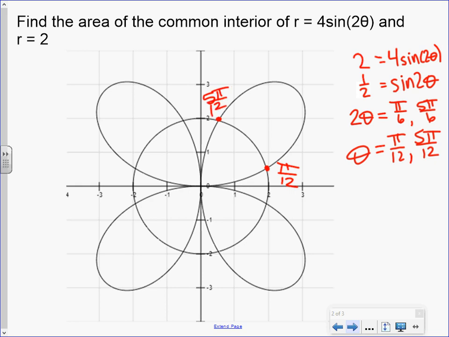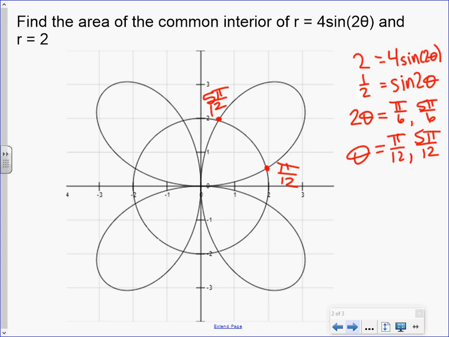When we find area between 2 curves in rectangular mode, we're looking for highest minus lowest. Do you agree? Yes. But basically, we're not going to subtract anything in an integral.